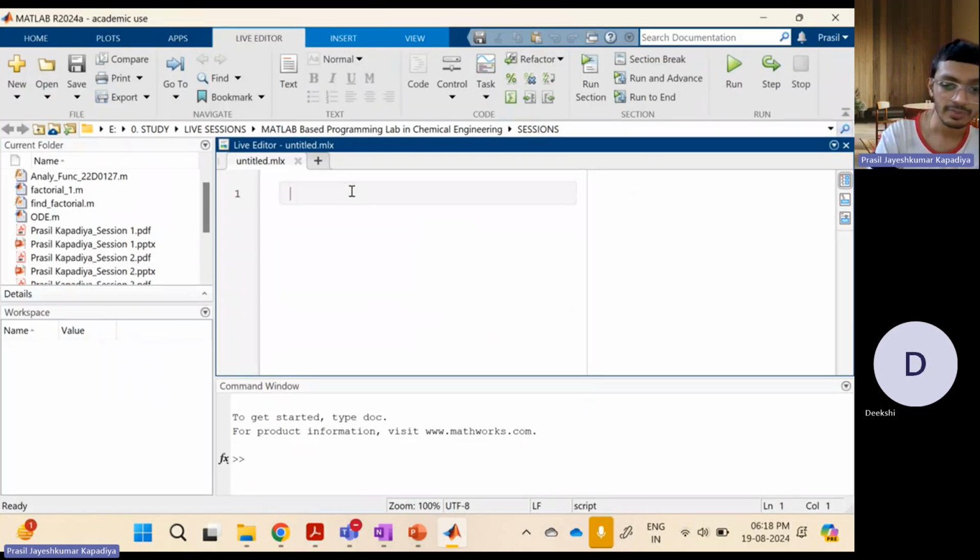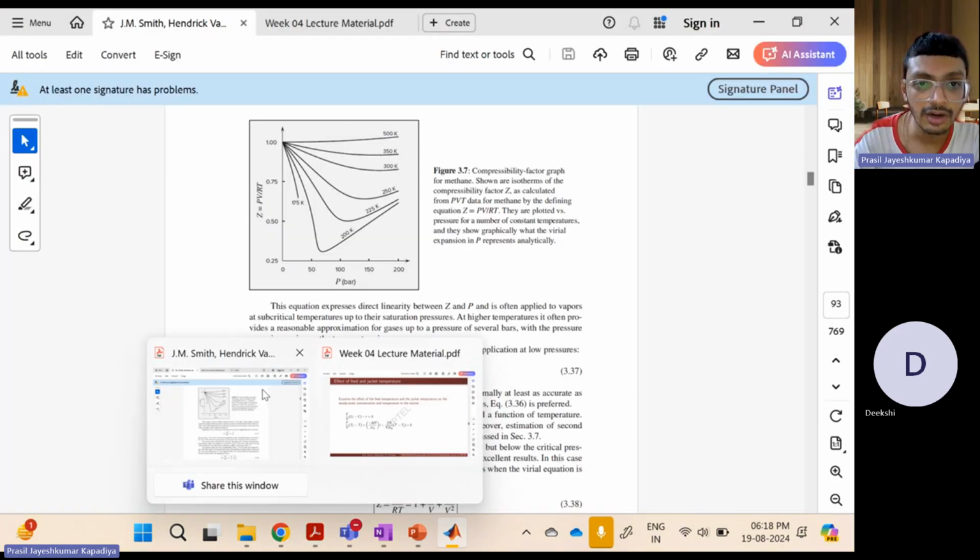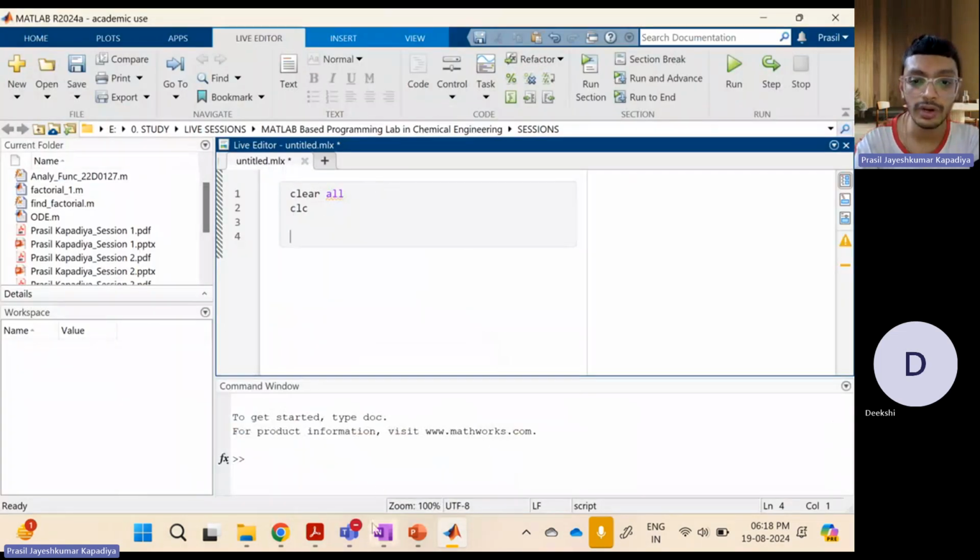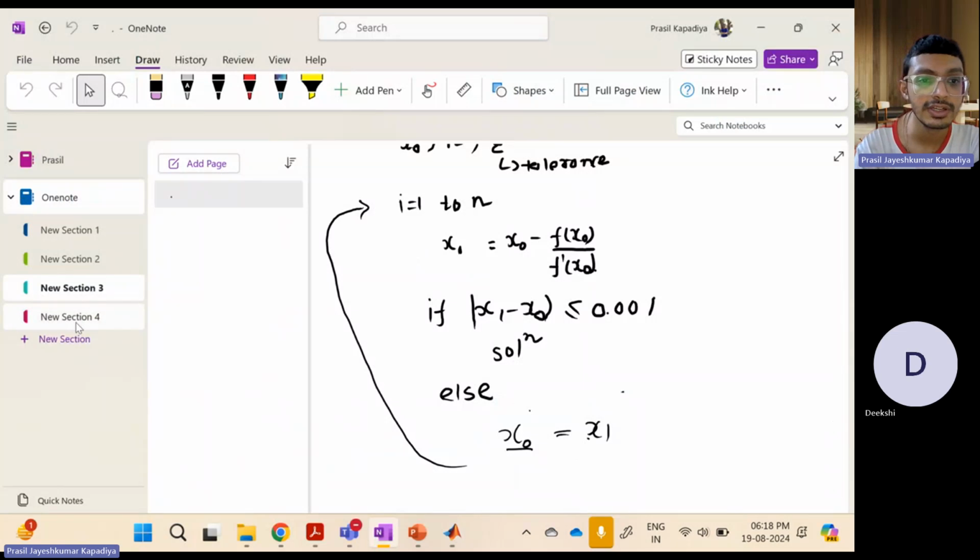So let's say, okay, it is a good habit to first write clear all and clc. So I want to calculate compressibility factor. What do I need to know? Let's go to this equation.